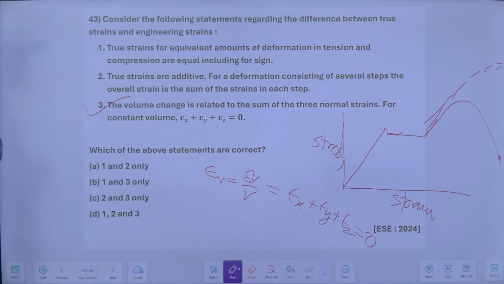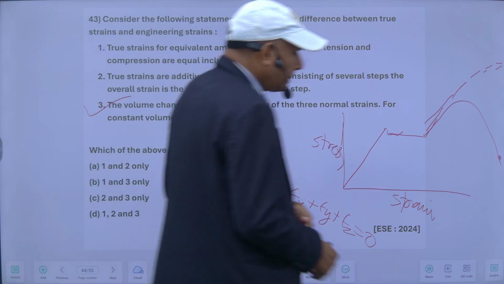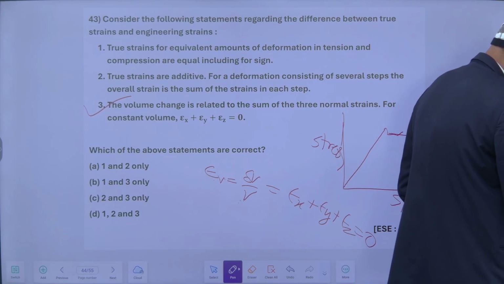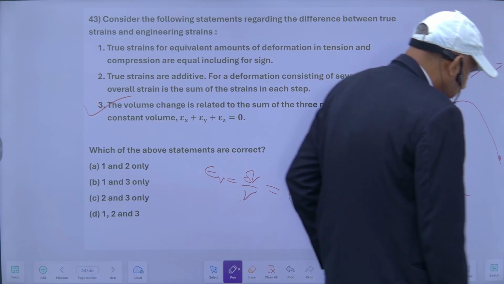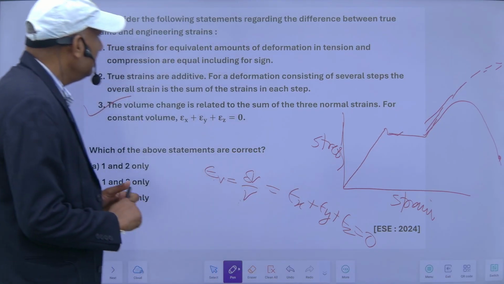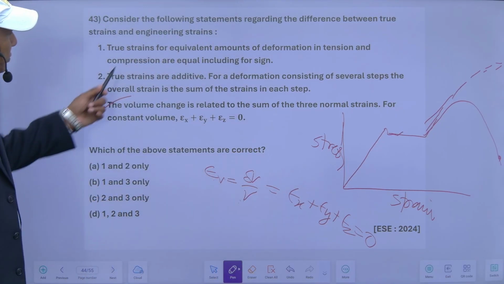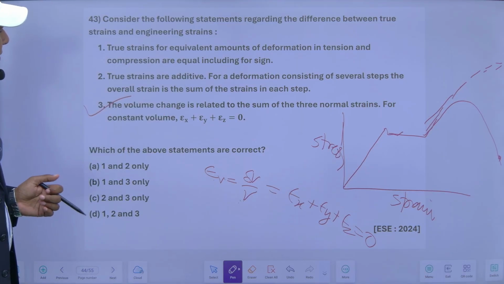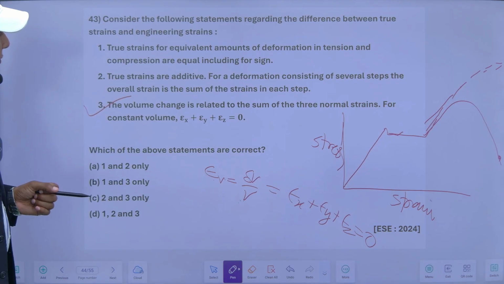And secondly, true strain for equivalent amount of deformation in tension and compression, they are equal, including for sign.